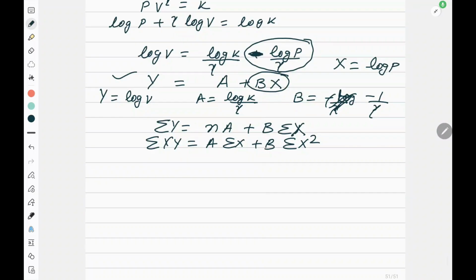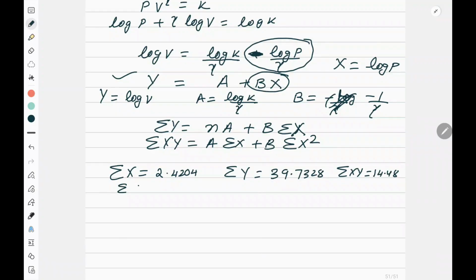Now I need to figure out all the summation values, right? So just pause the video, calculate all the values and cross check the answer. Summation x will be 2.4204. Summation y will be 39.7328. Summation xy will be equal to 14.48 and summation x square will be 3.1717.